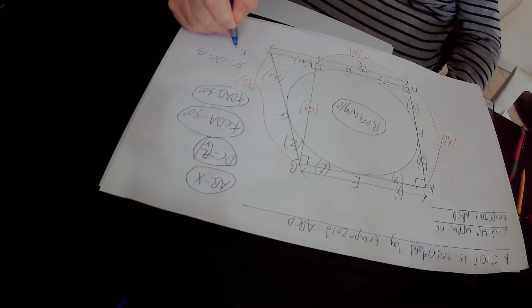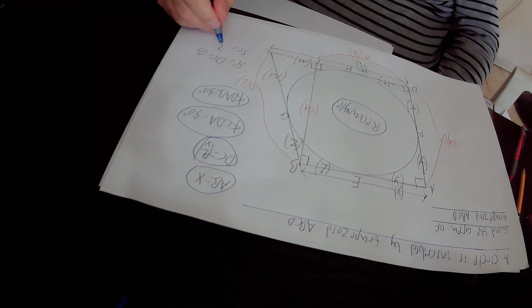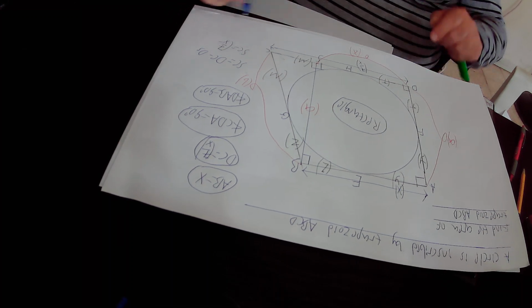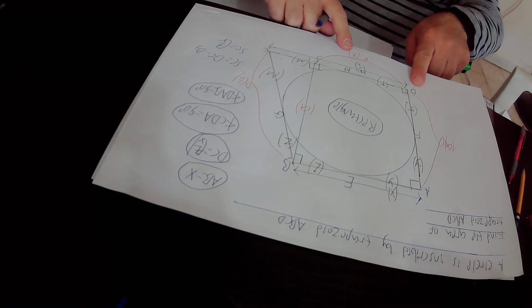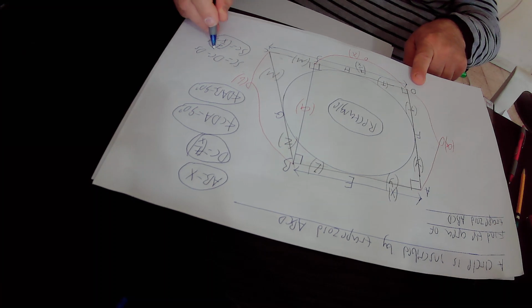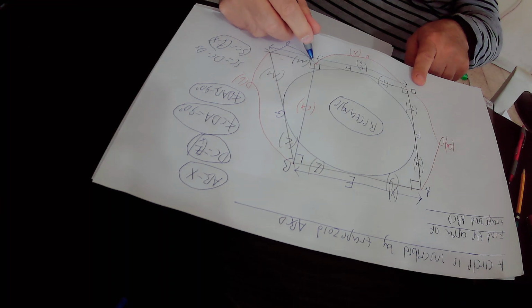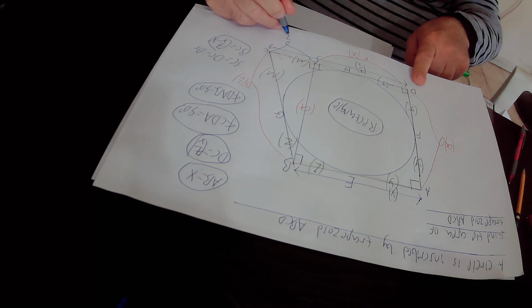So SC equals DC, and DC is 7 over x according to what is given in the question, minus DS. We just found out that DS equals x. So in total, SC equals 7 over x minus x.